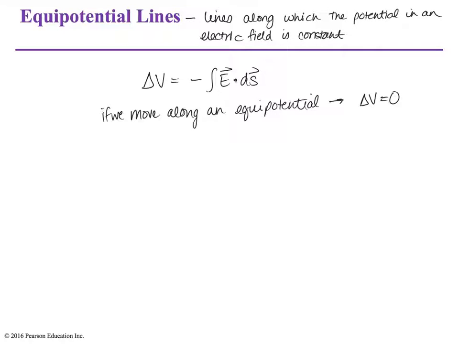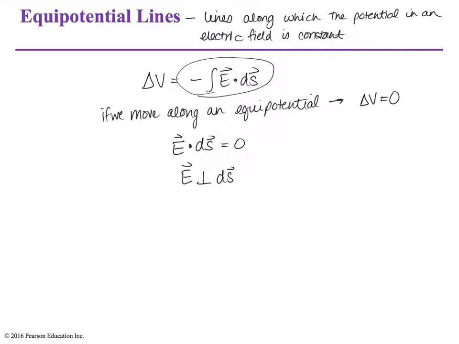And so we have to think about how this calculation would yield 0. And so we're looking for a time when E dot ds equals 0. And remember, this is a dot product. So when we take the dot product of two vectors, is their dot product equal to 0? And that's true when the two vectors are perpendicular to each other.